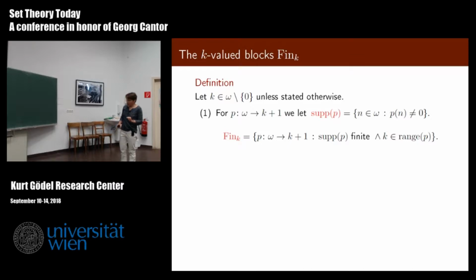A block now, for convenience, has the full domain omega, and it goes to k plus 1, so it has values from 0 to k. And the support shall be finite. And then we go to this Fin_k, the set of so-called k-valued blocks.